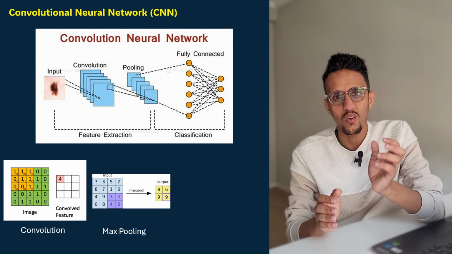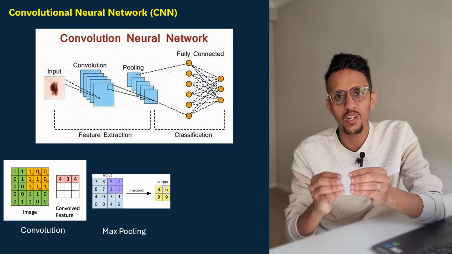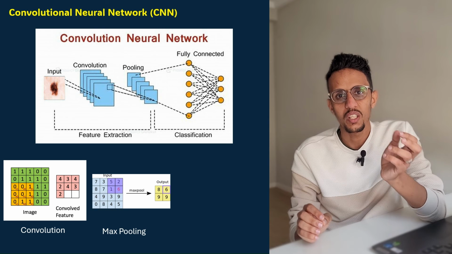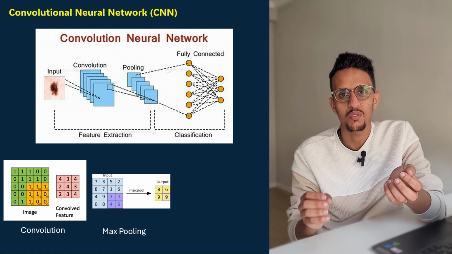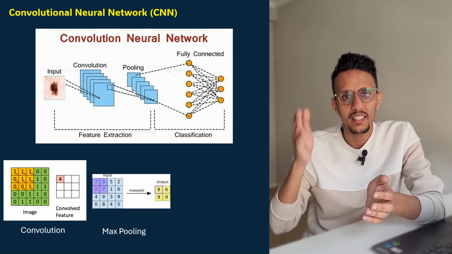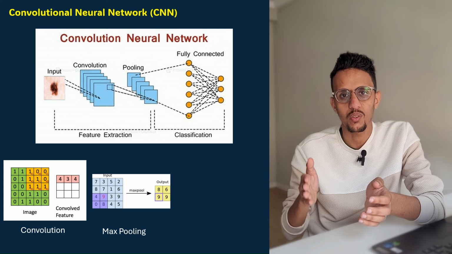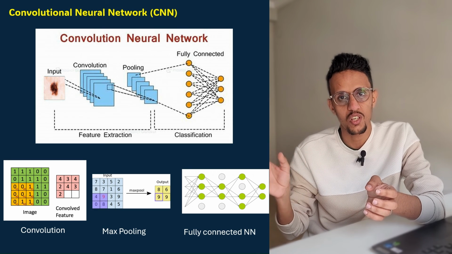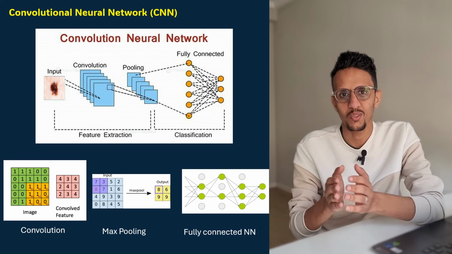So these two layers, the convolutional layer and the pooling layer, together are called the feature extraction phase. So we need to extract the important features from an input image. After the pooling layer, we flatten the matrix into a 1D vector and then we connect it to a hidden layer and then we continue as the artificial neural network that we have explained already.